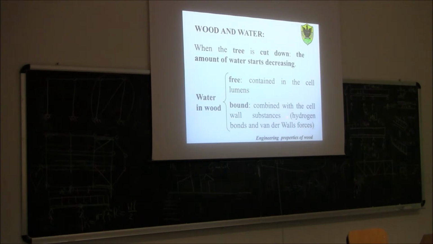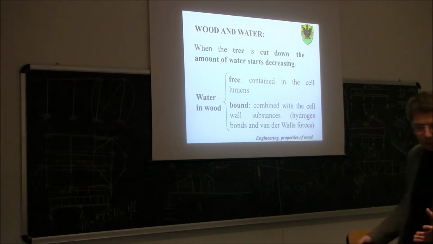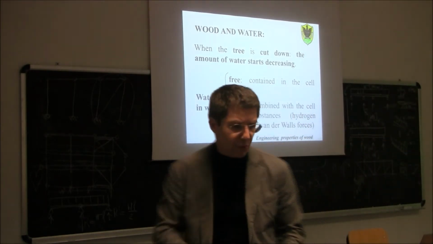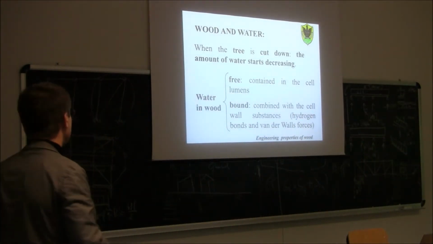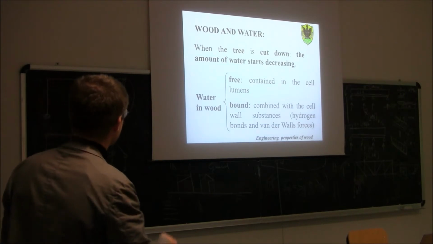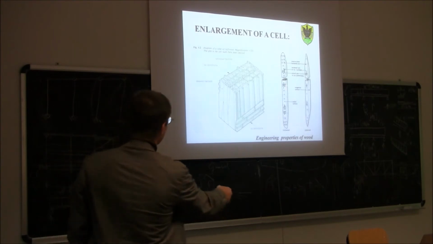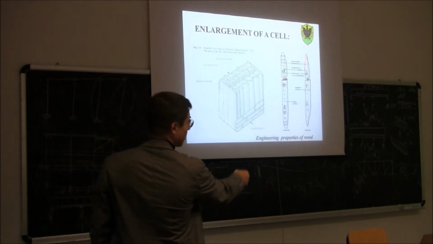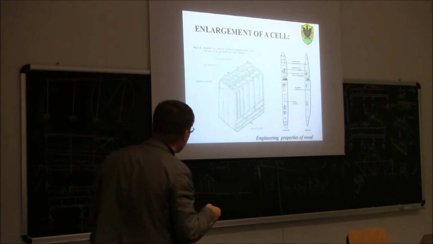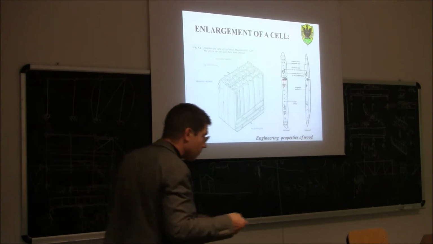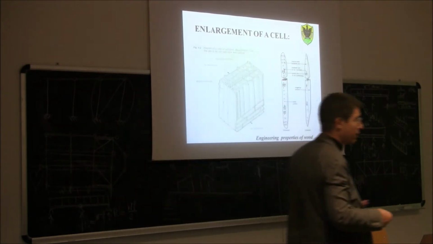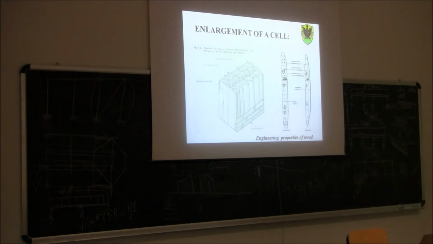There is some kind of interaction, hydrogen bonds and van der Waals forces. Some of you might recall van der Waals forces from chemistry. So there are interactions between the molecules of water and the molecules of the wood. So free and bound. Why do we make this distinction? Again, the free water is the water filling these holes inside the lumen, and the bound water is the water present in the walls of the cell. Okay, is it clear?